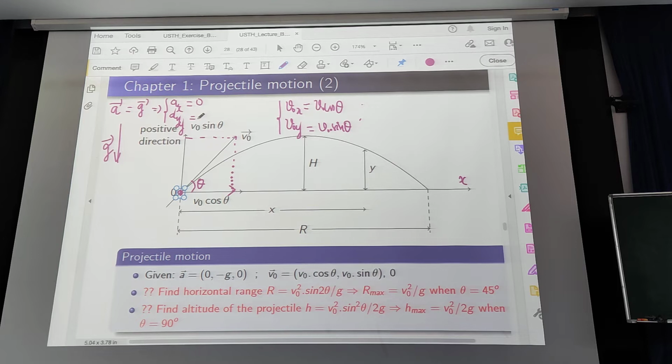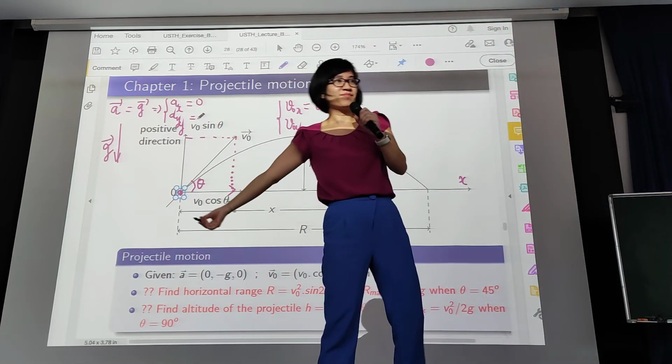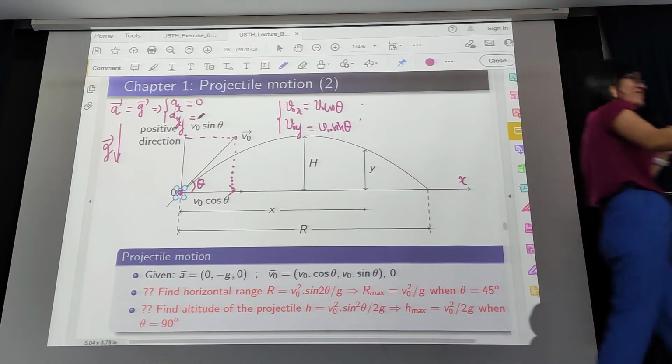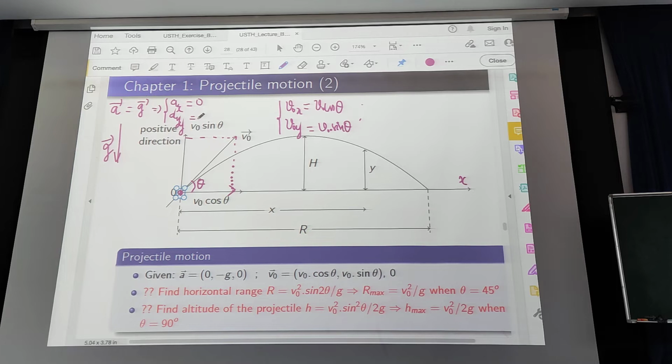It's minus g. Very good. Why minus? Because the object is falling down... No, the object is not falling down. I project it up and it's moving like this. Ah, yeah, like this. Yeah, right. Like this.